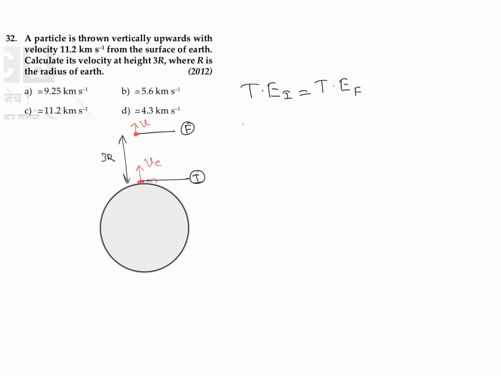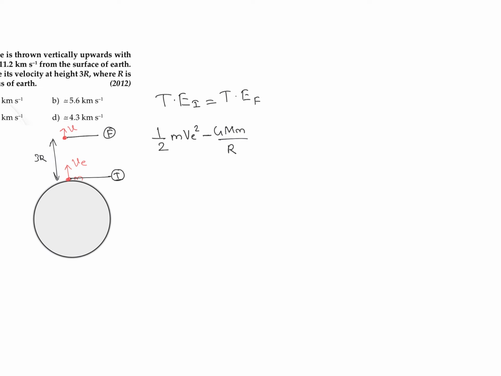So total energy initial: kinetic is half m v escape square, and potential is minus GM m divided by r. Total energy final: kinetic is half m v square, where we need to find the value of v, and potential is minus GM m divided by the distance from the center, that is 3r plus r, which is 4r.